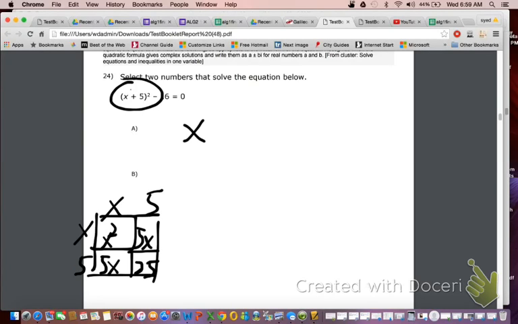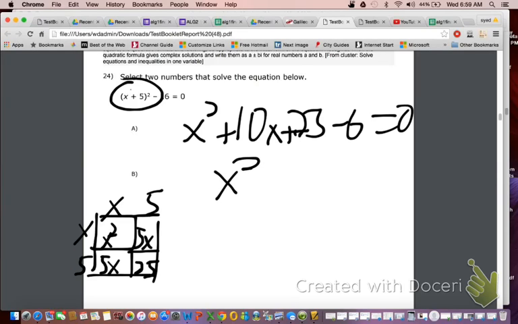So I get x squared plus 10x plus 25 minus 6 is 0. Right, so it all comes down to solving this equation, basically.